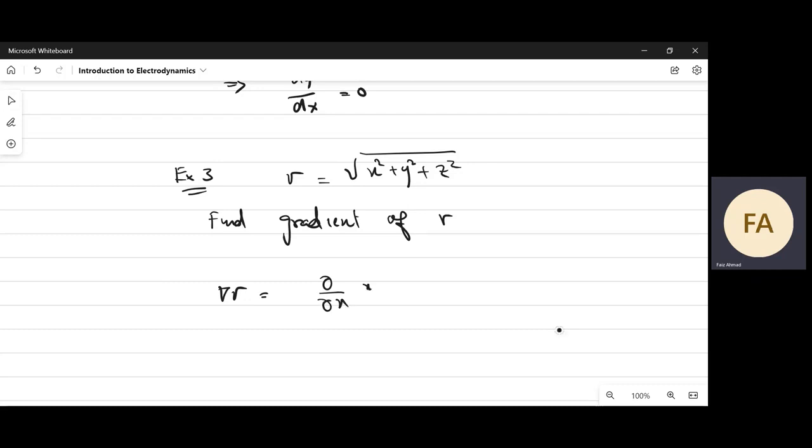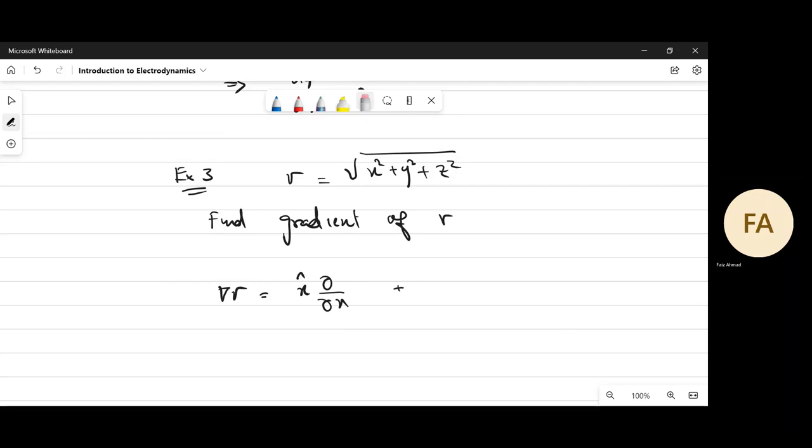The operator is partial over partial x, x unit vector, plus partial over partial y, y unit vector, plus partial over partial z, z unit vector, and then we have r.